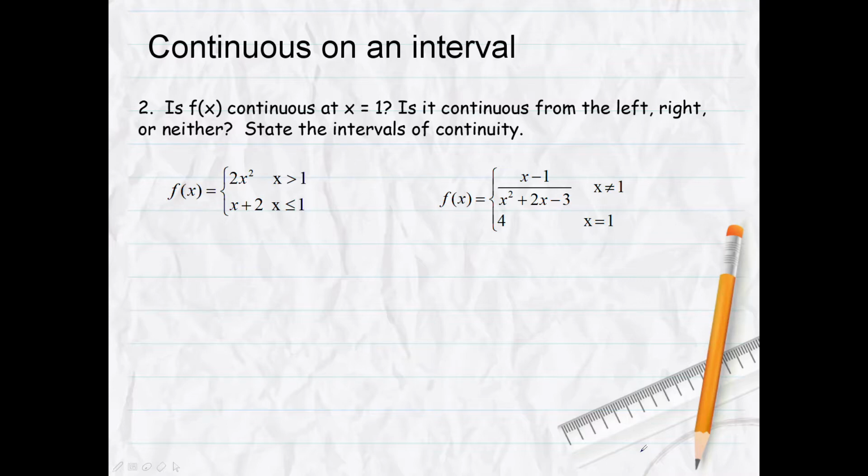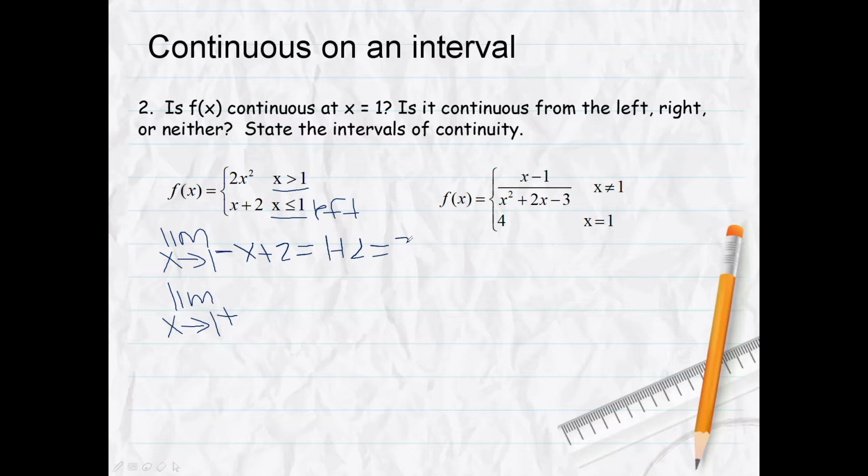All right. So continuity on an interval. Again, this is a piecewise function, so really all I'm concerned about is at this boundary. So I check my limit from the left and my limit from the right. So from the left, I'm dealing with less than. That's 3. The limit from the right is where I'm greater than.